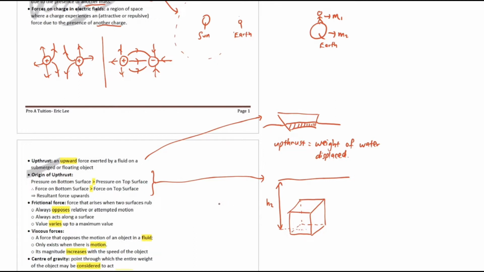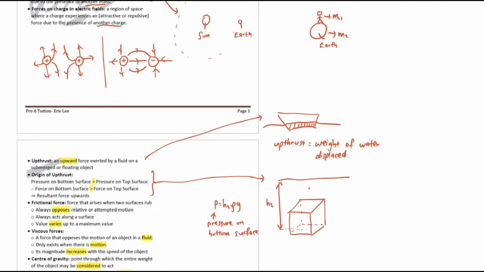So we use the formula of pressure, P equal to H rho G. H2 is the depth to the bottom surface. Rho is the density of water. G is 9.81. Then you can find out the pressure on the bottom surface.